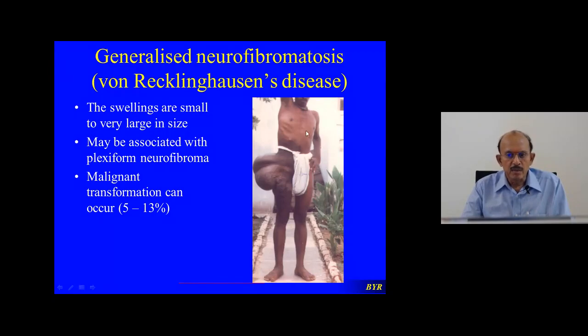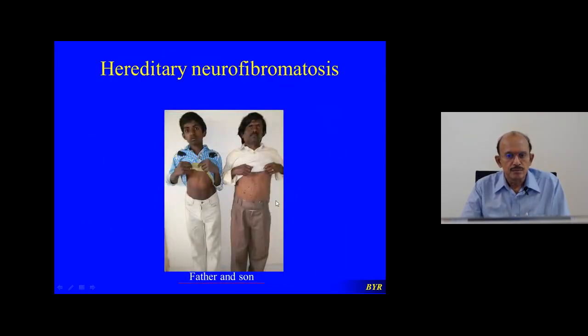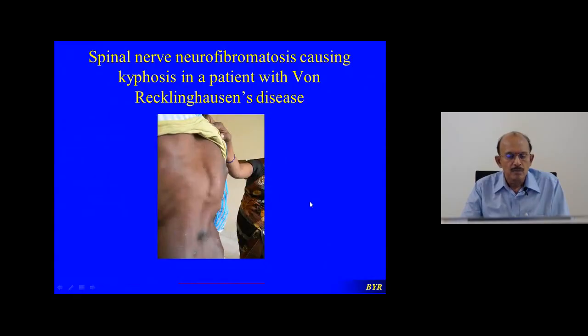You can say this gentleman has multiple neurofibromatosis, with one of the neurofibromas having become a neurofibrosarcoma. It is a hereditary neurofibroma where father and child both have the neurofibromata. There are multiple neurofibromas in this patient, along with neurofibroma occurring in the spinal cord.